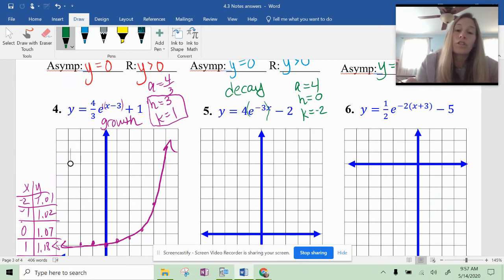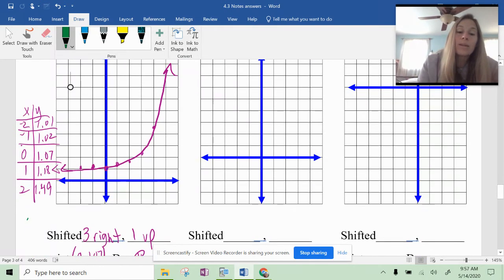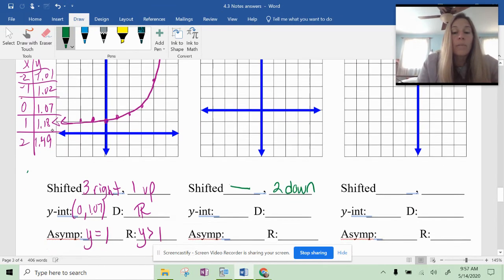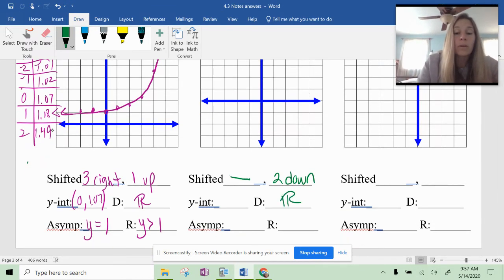So to do my shifting, I would not shift left or right, but I would shift 2 down. My domain is all real numbers. My asymptote is y equals -2, and my range will be y is greater than -2. And the intercept we will get off our chart. It's going to be 0, 2, though. I'm just going to fill that in.